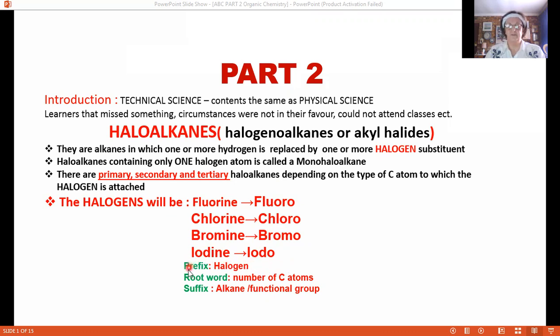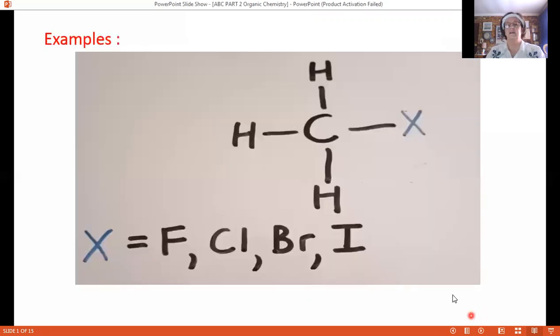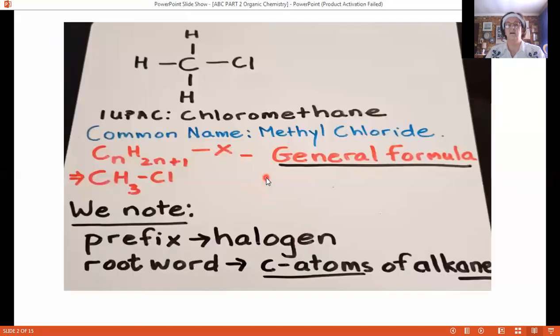So you have the prefix of your halogen, the root word for the number of carbon atoms, and then the suffix, the alkane or whatever functional group is added to that specific compound. Here's a very simple diagram indicating the X that can be replaced by fluorine that becomes fluoro, chlorine that becomes chloro, bromine that becomes bromo, and iodine that becomes iodo.